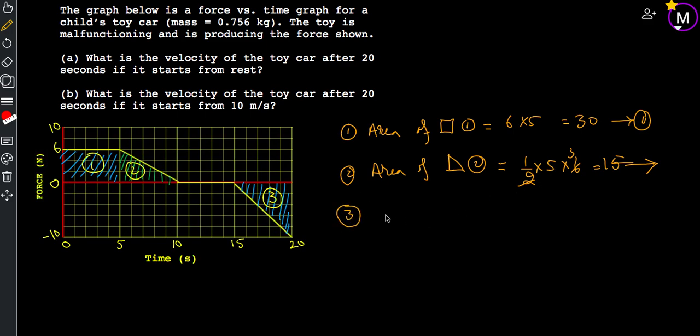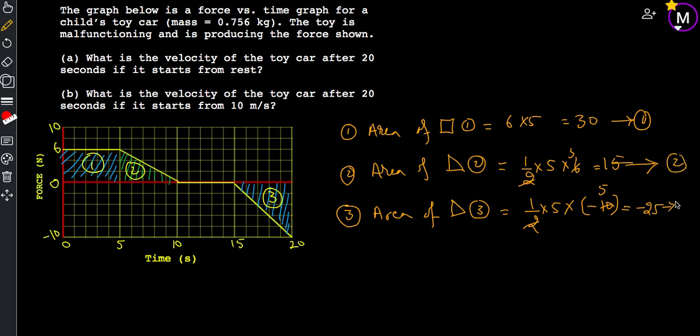The third one, area of the triangle, this is 3, equals half times 5, from 15 to 20, times 10, negative 10. This is negative 25.